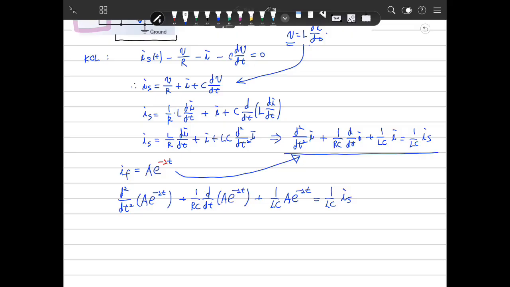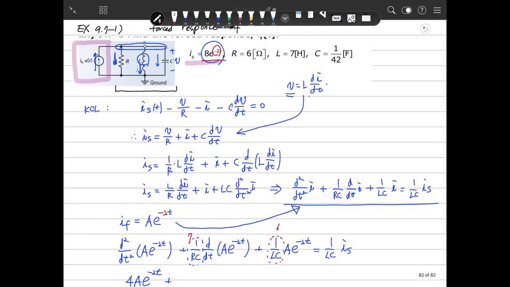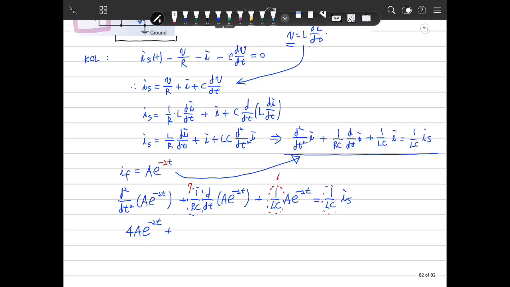So the result is 4a e^(-2t) plus that value, which is 7. Then 1 over LC is 6, and the source is that value. So 6 a e^(-2t) will be 48 e^(-2t).